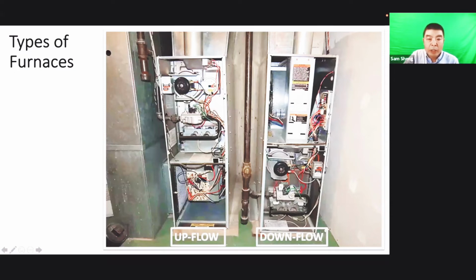Because with this one we cannot see the pilot pipe, but on that very old furnace there's a small part here that connects the gas pilot pipe to the burner. It does not go through the gas valve.